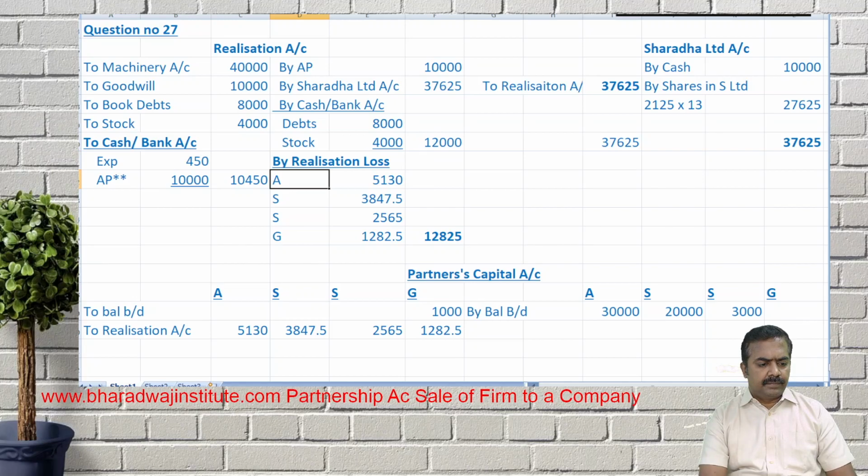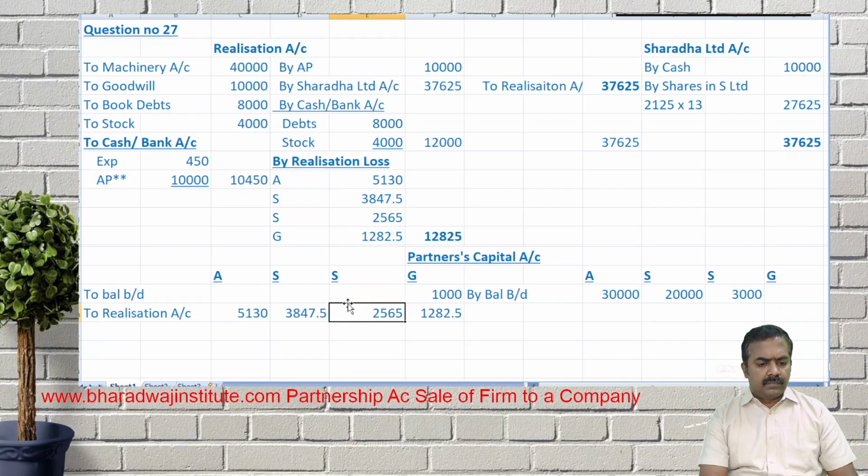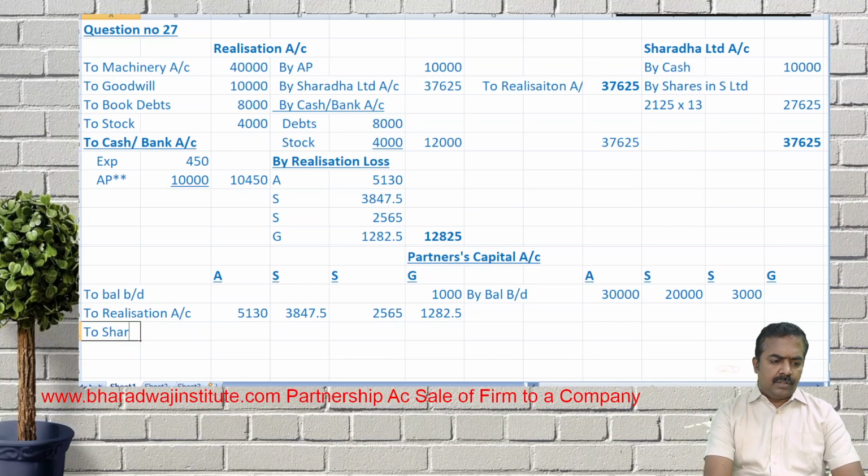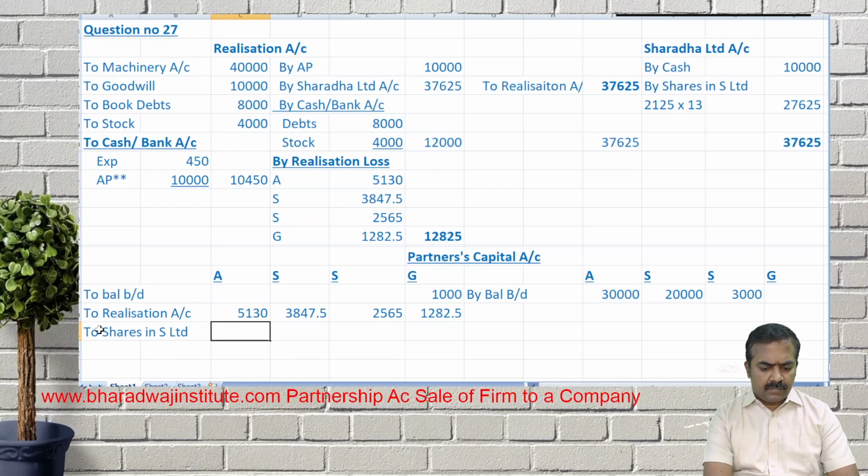Then what is the next one? The shares and ratio have to be distributed. Profit. To shares in S Limited, distribute in profit sharing ratio. $27,625 into 4/10.